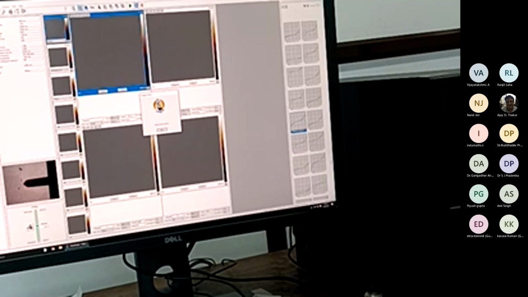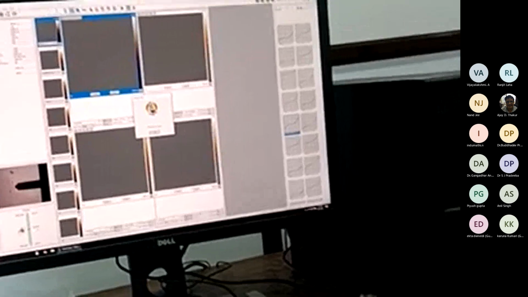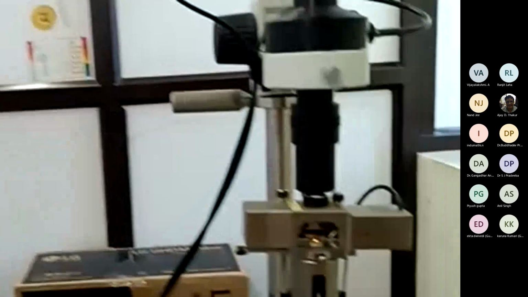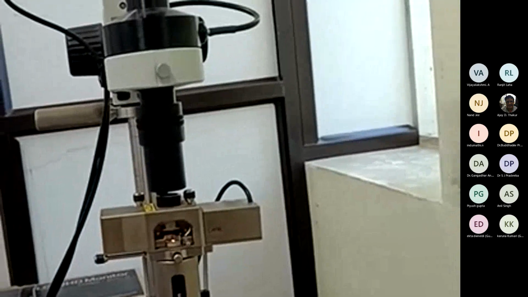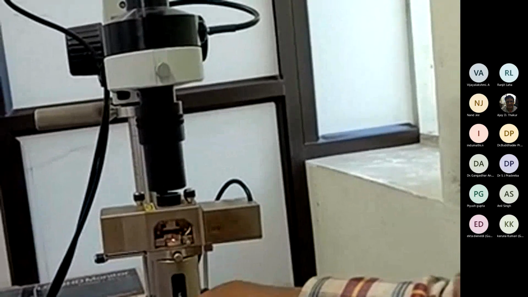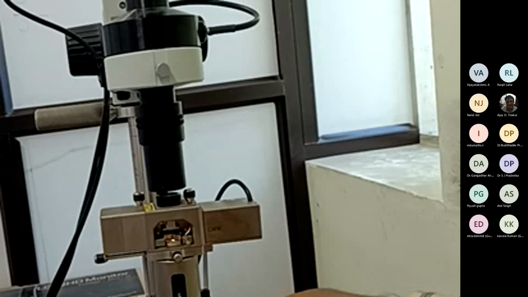For this machine, we have two scanners. One is large, one is smaller. This is our large scanner. Its range is maximum around 20 by 20 micron, and the range of the small scanner is 100 by 100, 500 by 500 nanometer maximum.